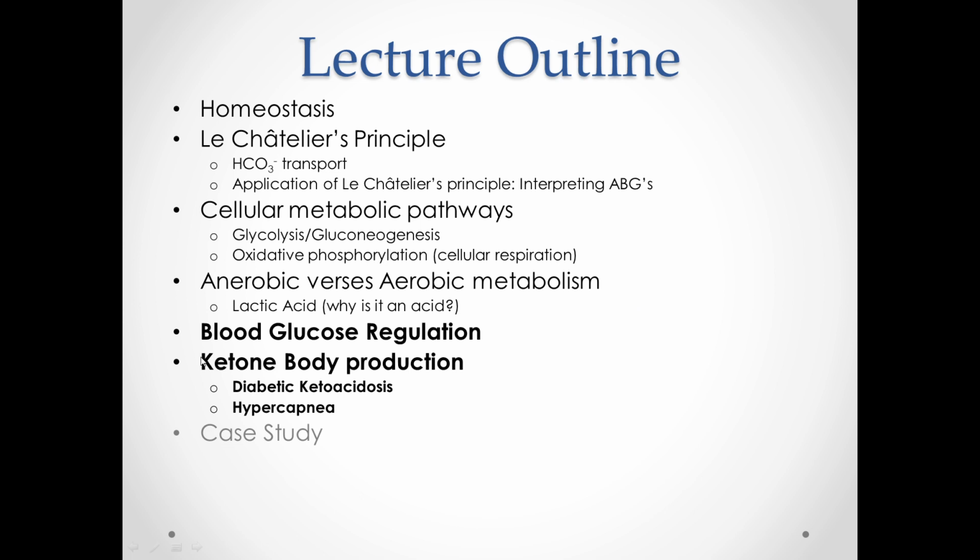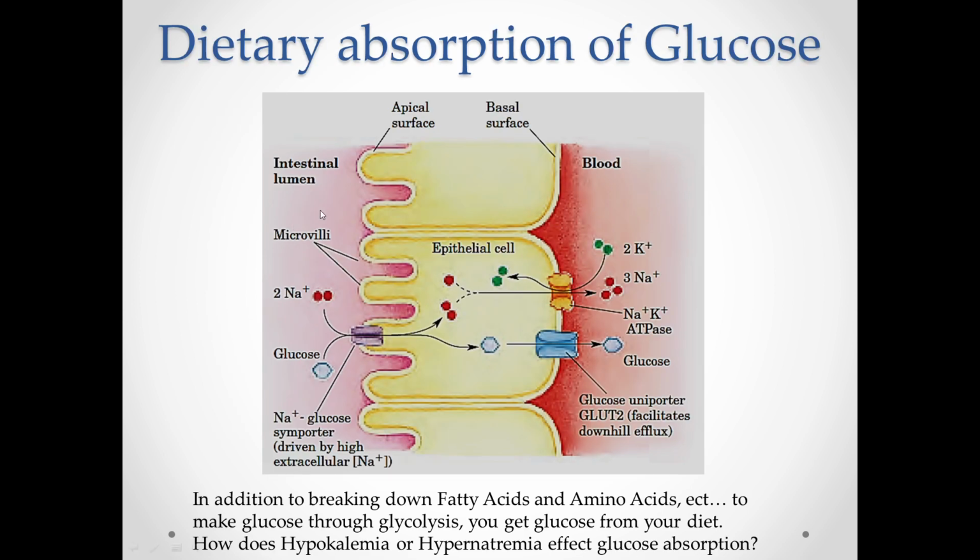The next thing we're going to discuss in this lecture is glucose regulation and ketone body production. In this diagram, what you see is epithelial cells that make up the boundary between the lumen of the GI tract and the bloodstream. As somebody eats dietary glucose, glucose is absorbed along with 2 sodium molecules.